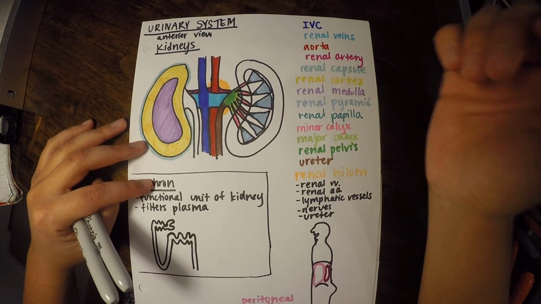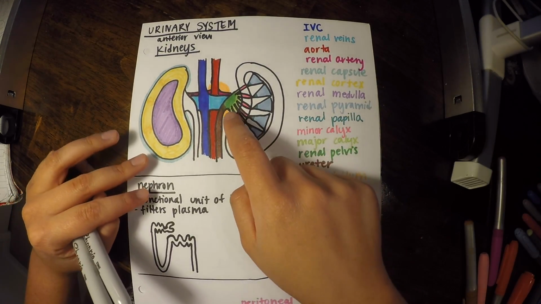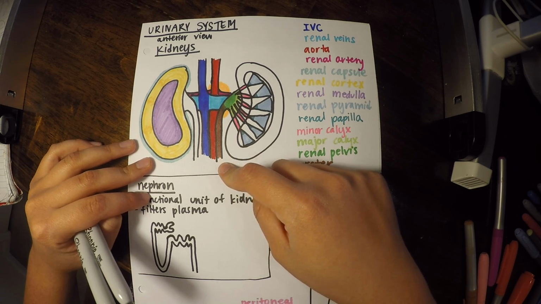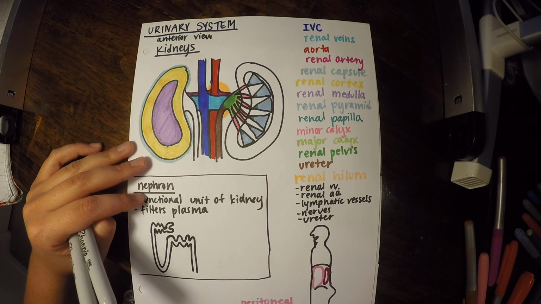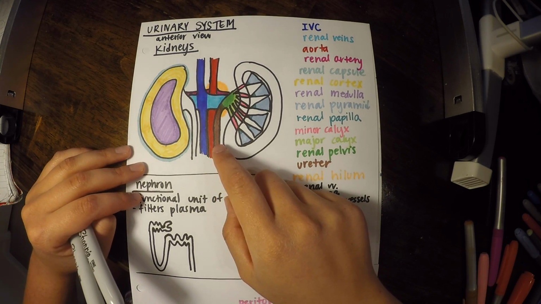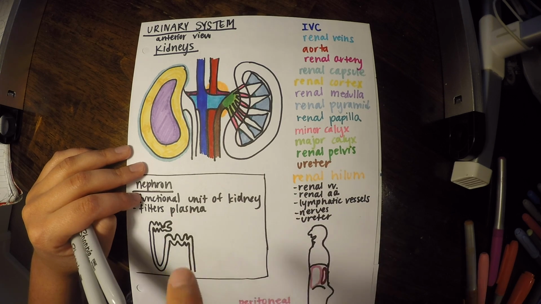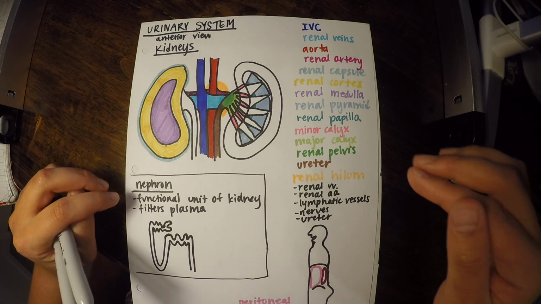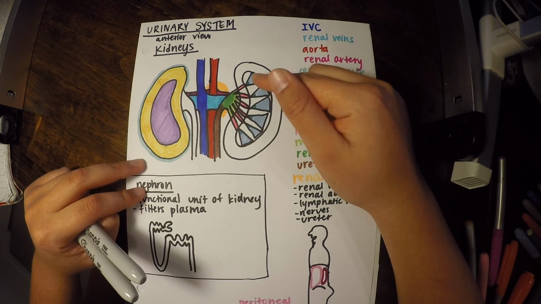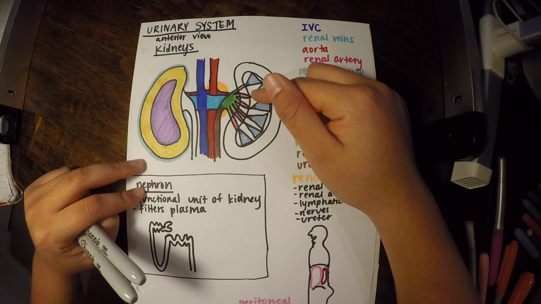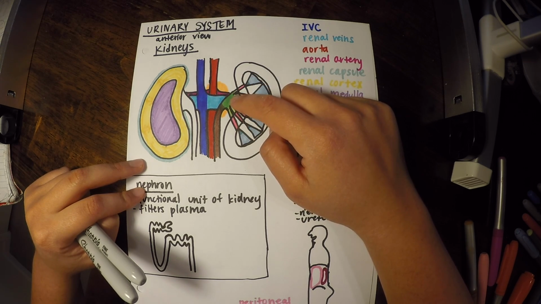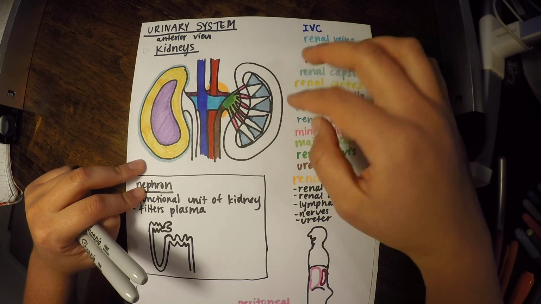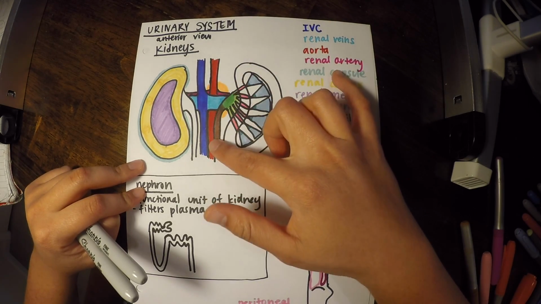Now, just as a reminder, we went from our renal pyramids to our renal papillae to the minor calyx to the major calyx, and then into the renal pelvis. So that's that flow of that fluid that's coming out of the kidney down into the ureter.